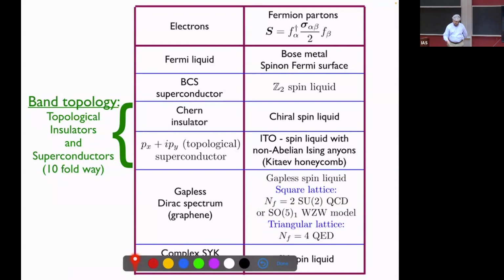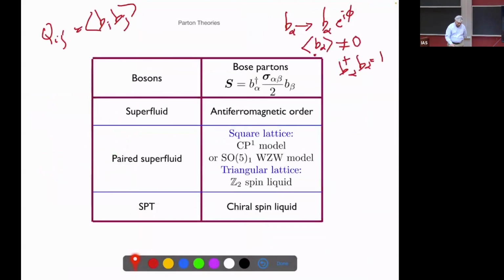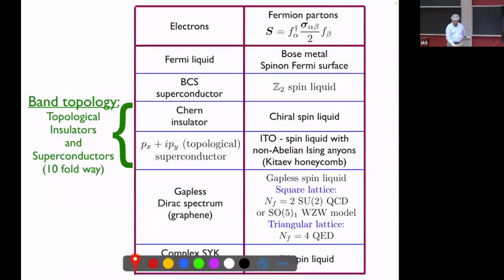And there's again a very interesting Bose-Fermi duality, because this theory obtained with fermionic partons turns out to be the same as this theory obtained with bosonic partons. So that's something that Wang et al. talked a lot about recently. Also, something we will talk about a bit.